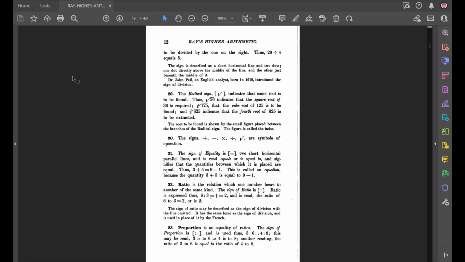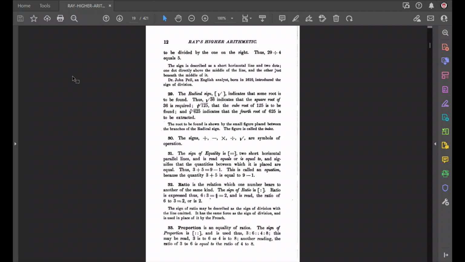Which expresses the same relationship as a fraction, 6 over 3, 6 divided by 3. This expresses the relationship of 6 and 3, and we find that the ratio is equal to 2.